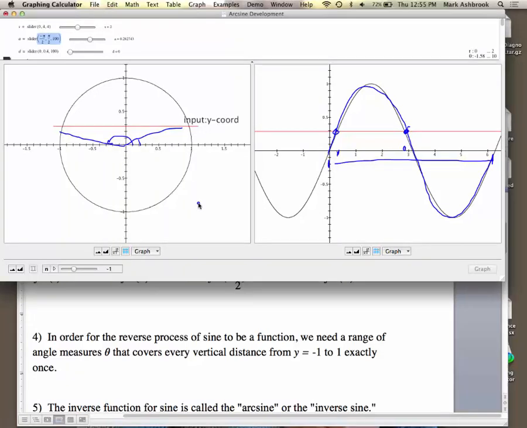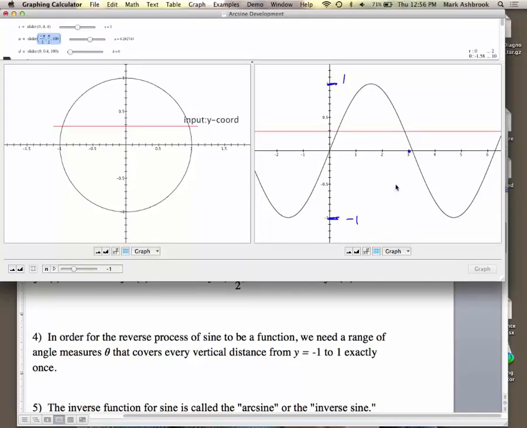I need a range of angles that's only going to give me one angle per value from -1 to 1. Another suggestion instead of 0 to 2 pi? So I need just one angle for every y value I could put in from -1 up to 1. I just want to get one angle back. So I'm going to restrict this range to do it. What will work?